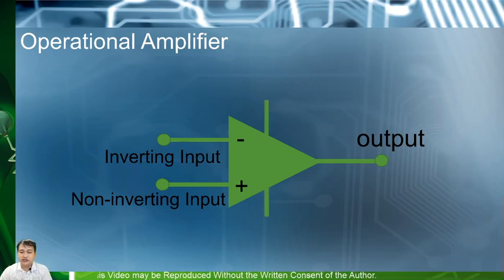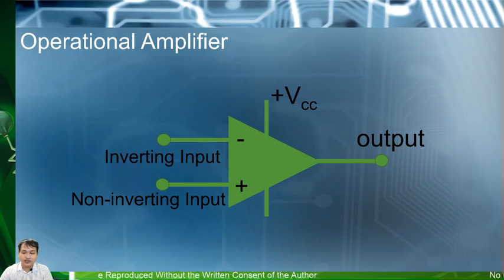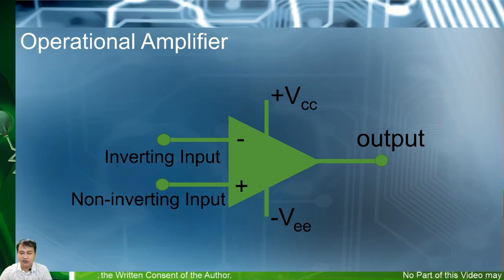It also has two supply terminals, the positive VCC and the negative VEE. So this is the abstract symbol for an operational amplifier.